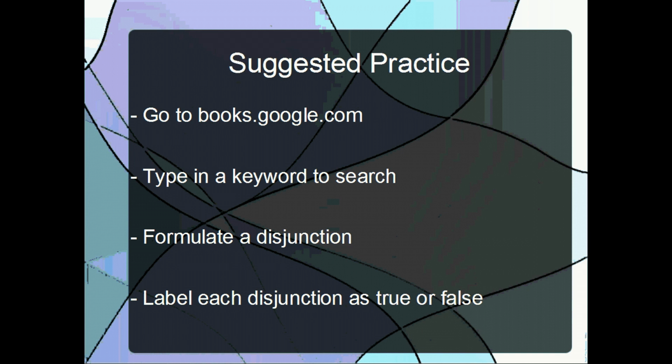After you do that, select a book, and then hold Control. While you're holding Control on the keyboard, press F, and then type in a keyword to search within the book, such as either, or type in or.